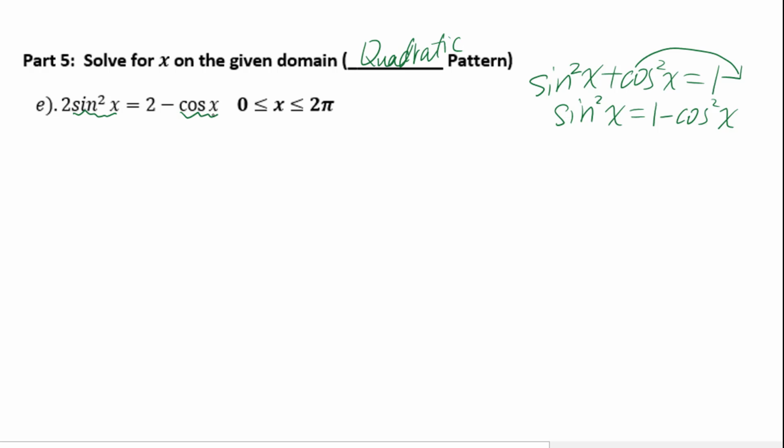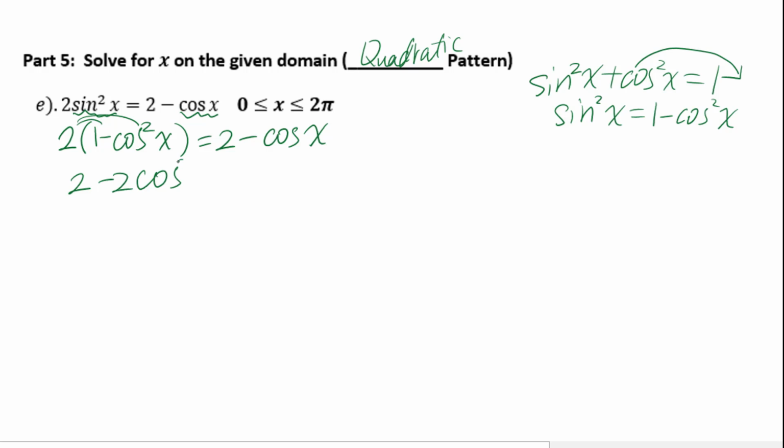For cosine x, there's no way for you to change into sin x without changing the angle. Therefore, I will get the 2 parentheses 1 minus cosine square x equals 2 minus cosine x. Then distributive property, you will get the 2 minus 2 cosine square x equals 2 minus cosine x.